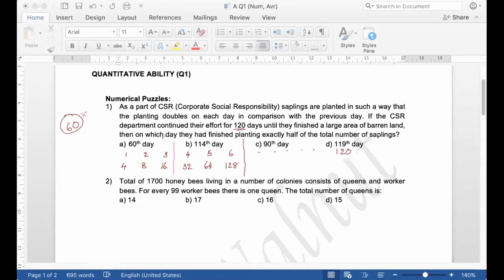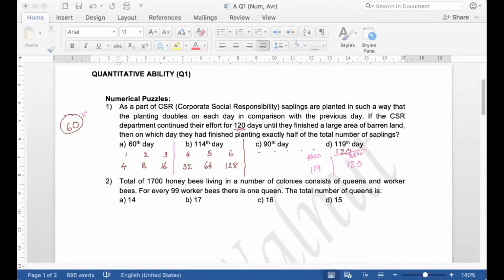Well, apply your common sense. You need to finish this on the 120th day. So whatever you had on the previous day, the 119th day, let's say you have planted 4,400. Then the next day, the 120th day, you will finish, you plant what? 8,800, correct? So which day exactly half of them?